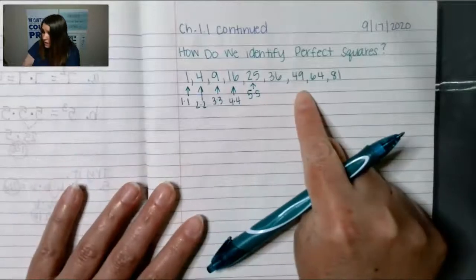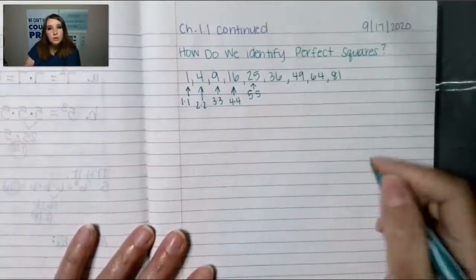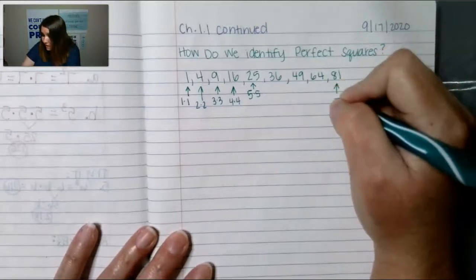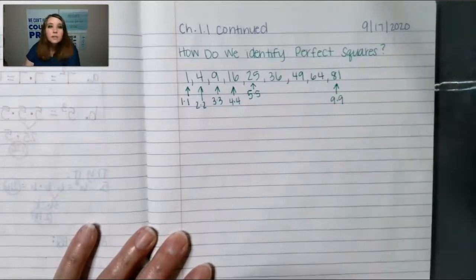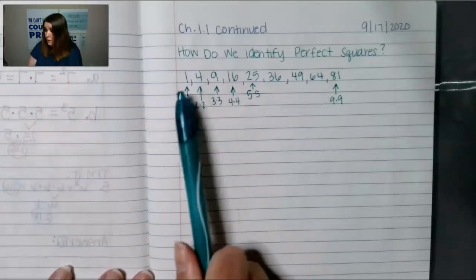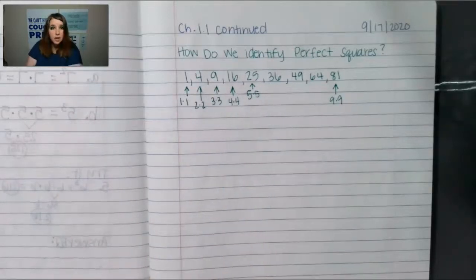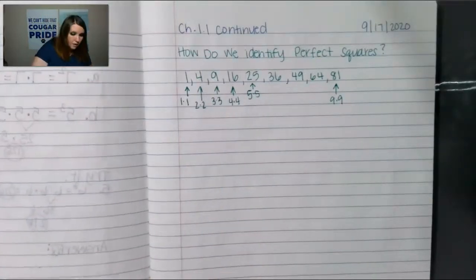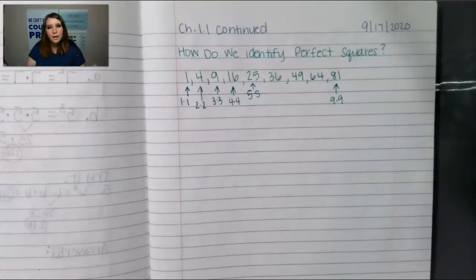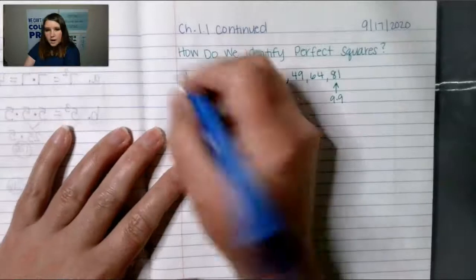So if you kept doing this and went all the way up to 81, you would see that 81 is just a pattern of 9 times 9. So perfect squares, if you can get this pattern here, you can see the idea of squares or squared. Okay, so squared means a perfect square.